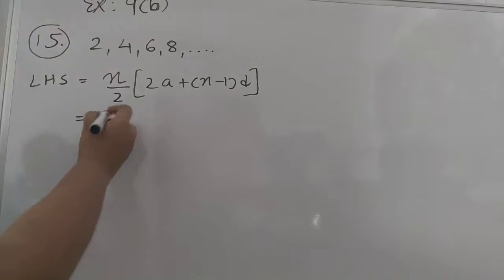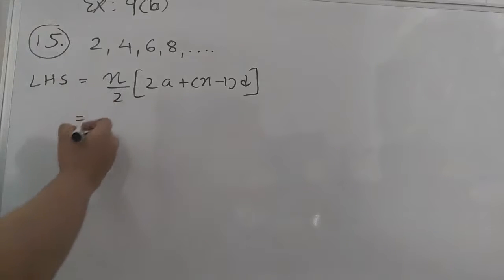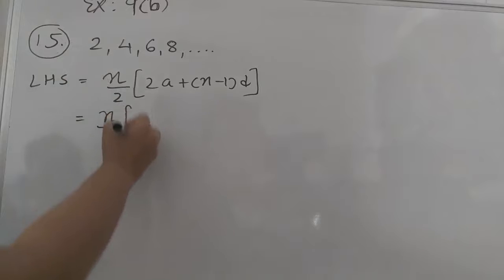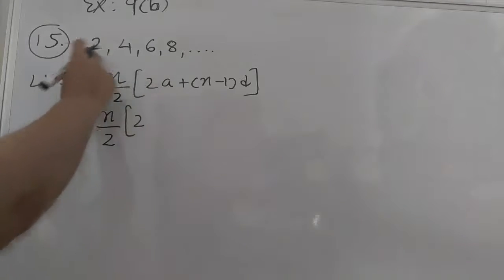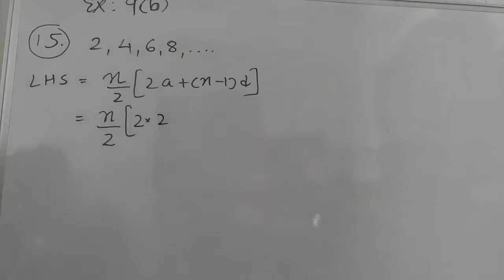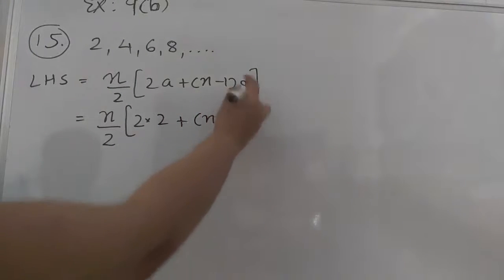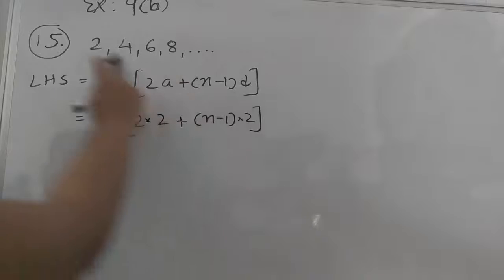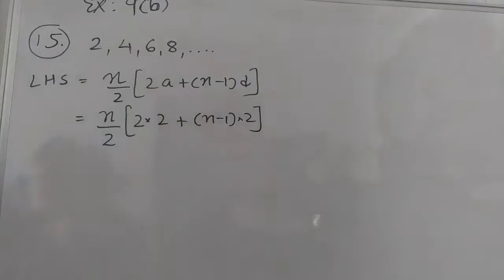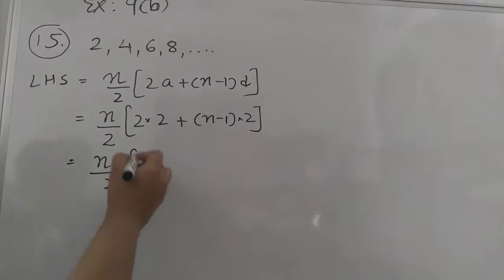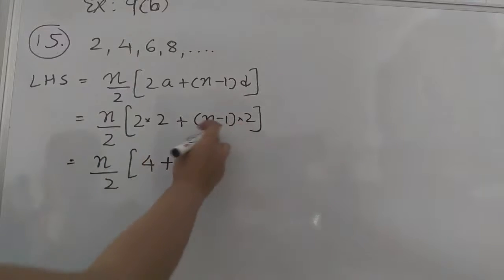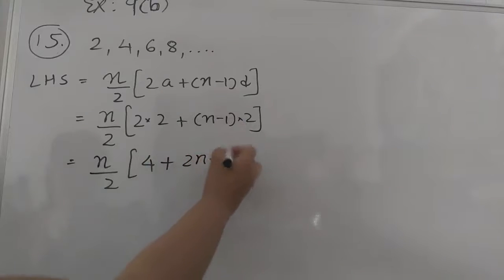So here I use n only, and instead of a the first term, that is 2, plus n minus 1 as it is, instead of d, 2. Why? Because you can see the common difference is 2. Now n by 2 as it is, this is 2 2s are 4, plus this 2 is multiplied, 2n minus 2.